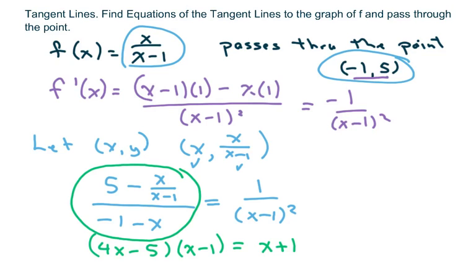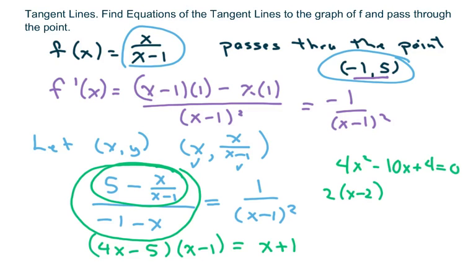So you put everything to one side, and you're going to get 4x squared minus 10x plus 4 equals 0. You can factor out a 2, and then you get x minus 2 times 2x minus 1 equals 0. So your two x's are x equals 1/2 and x equals 2.